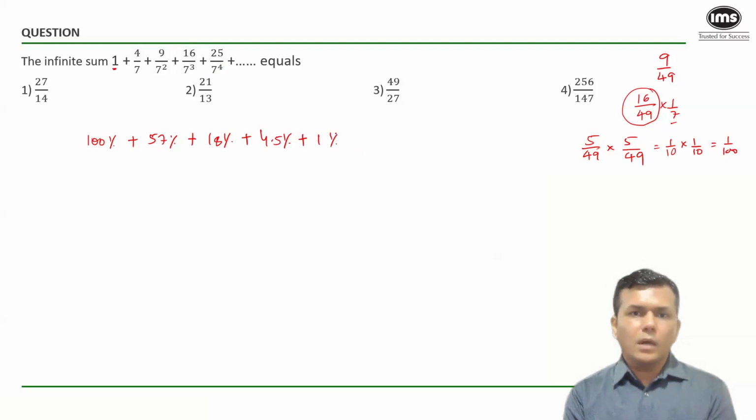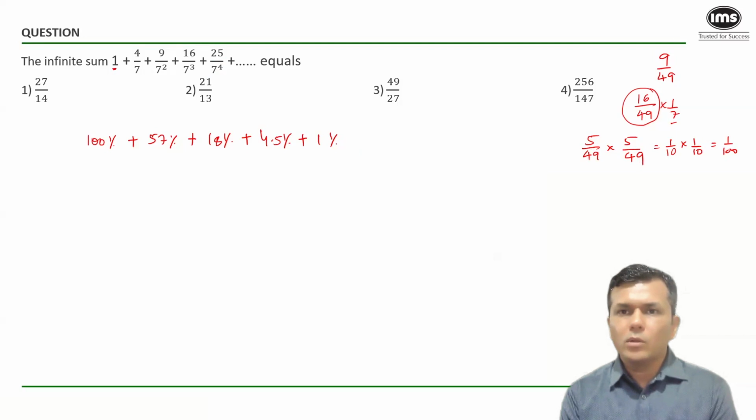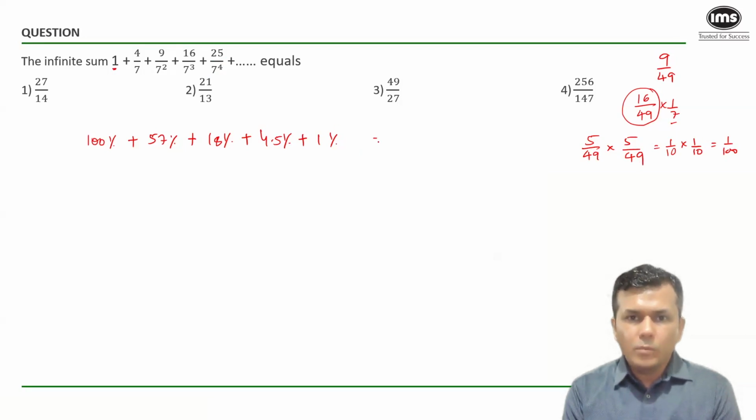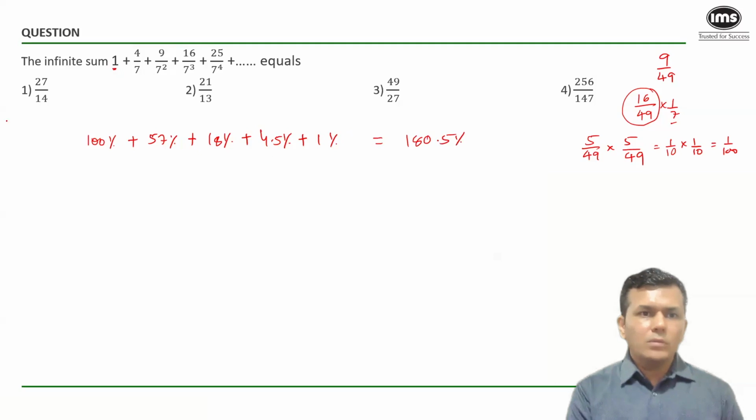Now we know that after this, we are going to get values which are very minimal and they are not going to contribute to the summation significantly. And that is why we can add up all these to get the approximate percentage equivalent. So 100 plus 57 plus 18, that's going to be 175 and another 5.5. So 180.5% roughly, right?